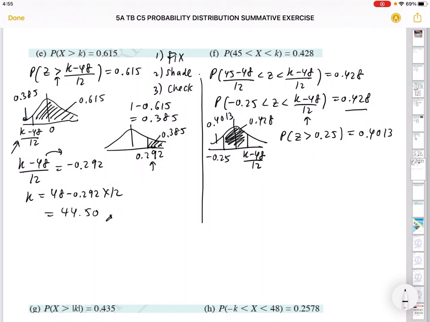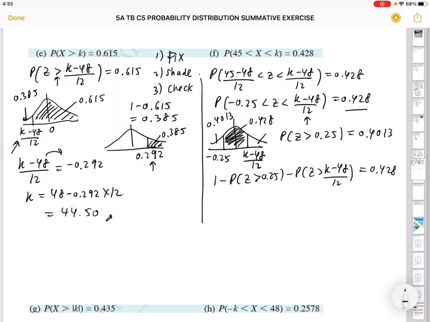But if you really want to write properly, guys, you can do this. You can say 1 minus P(Z more than 0.25) minus P(Z more than (k minus 48) divided by 12) equals 0.428. You can write like this, okay? And this is 0.4013.